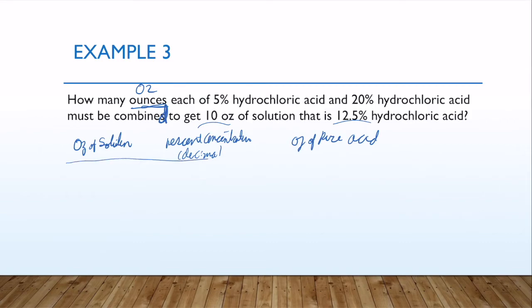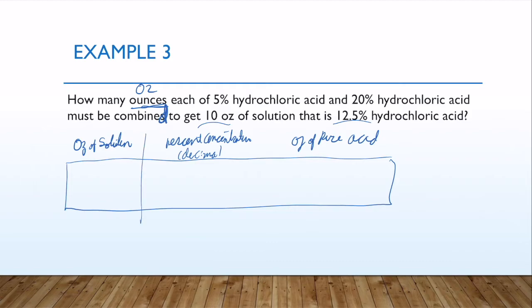For example, I don't know how many ounces of 5% acid I'm using, but I know I'll have 0.05x ounces of pure acid if we let x be the ounces of solution of 5% hydrochloric acid. I'll let y be the ounces of 20% hydrochloric acid.